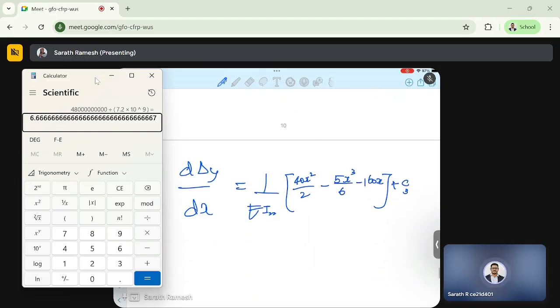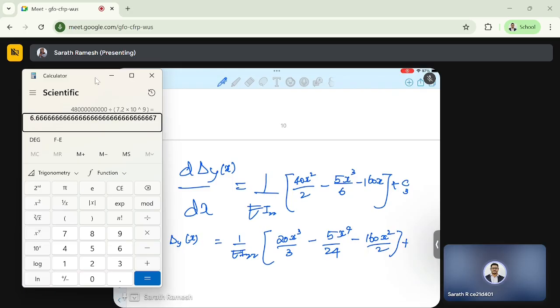Now, integrating one more time, delta y of x equal to 1 by EIZZ times 20x cube by 3 minus 5x power 4 by 24 minus 160x square by 2 plus C3x plus C4, a new constant.